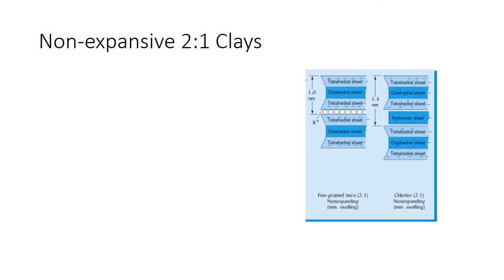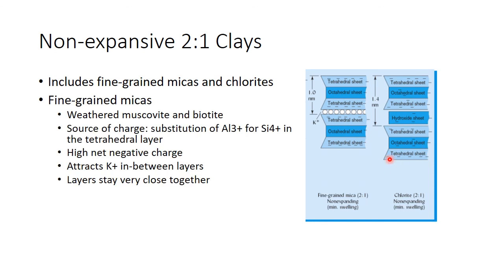And then we get to our non-expansive 2-to-1 clays. So this includes fine-grained micas, like you see here on the left, as well as the chlorites, like you see on the right. So fine-grained micas include weathered muscovite and biotite. And the source of charge is usually a substitution of aluminum for the silicon in the tetrahedral layer. That gives a high net negative charge, and this high charge allows potassium to go into all the little gaps in between these layers.